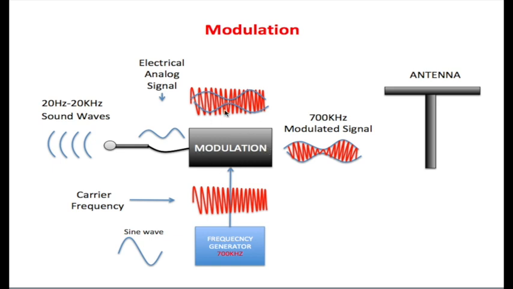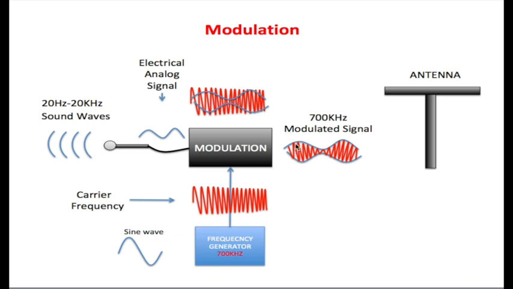We have our high-speed signal here in red, and we have our electrical analog signal here on top, right? And we have a copy of that at the bottom. It just turned around 180 degrees to be completely opposite to that one.